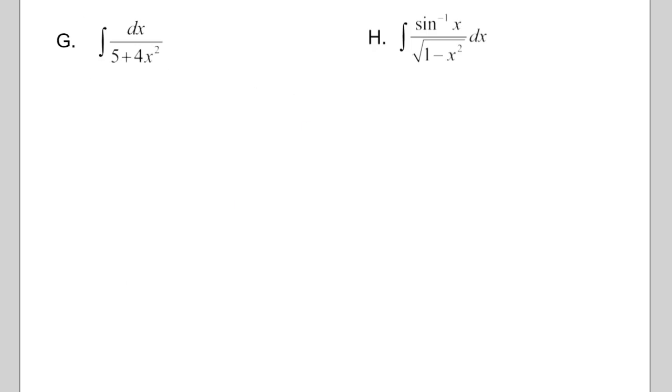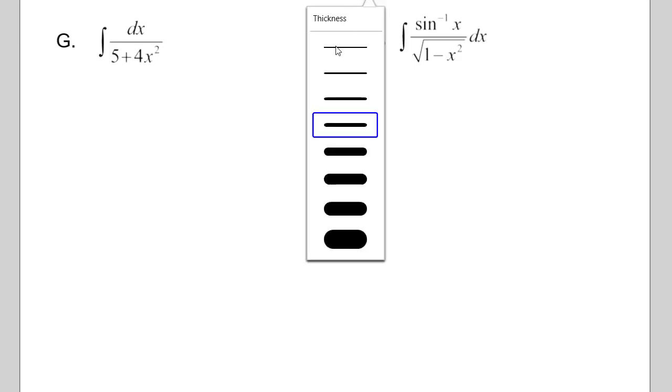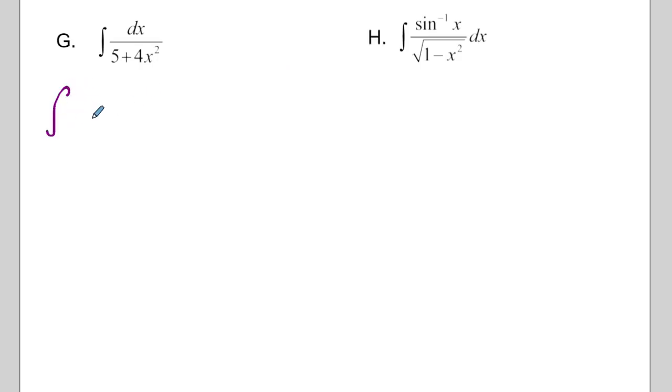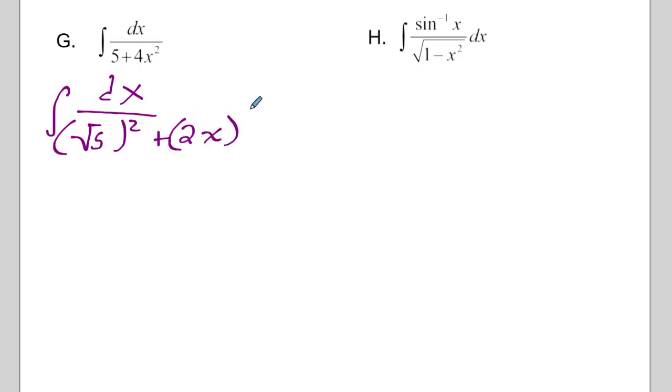Well, I can think of this as a perfect square. Because this is the integral of dx over the square root of 5 squared plus 2x squared.